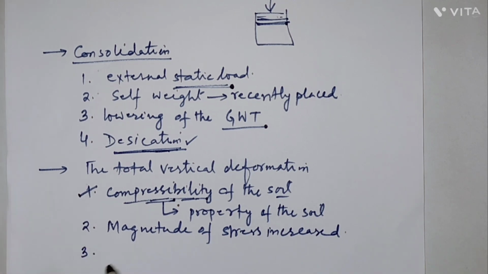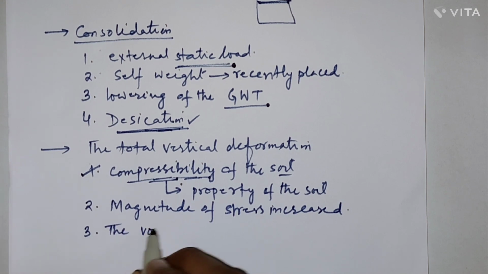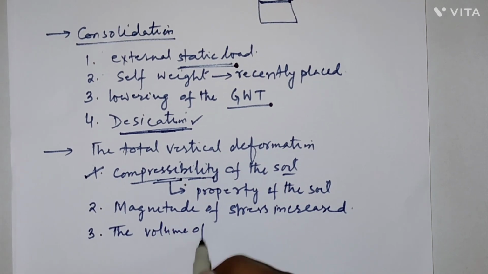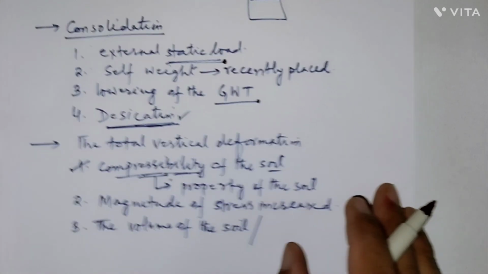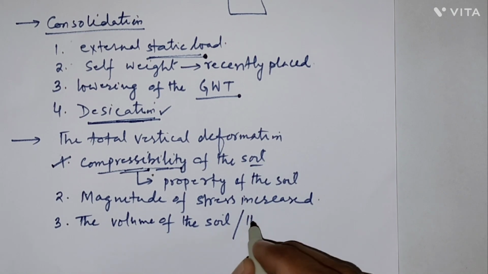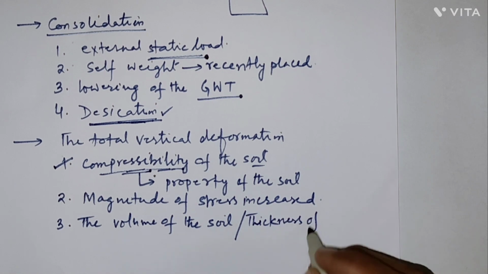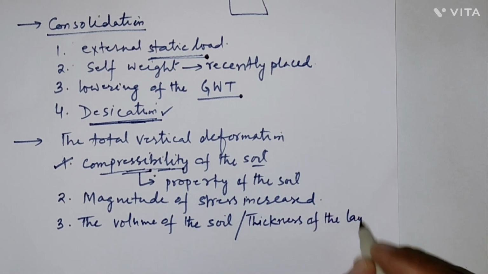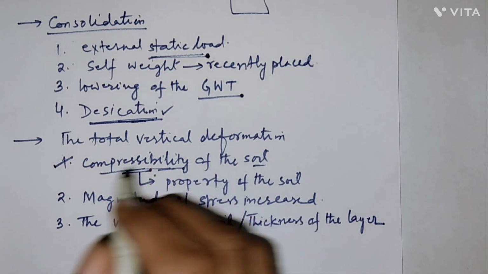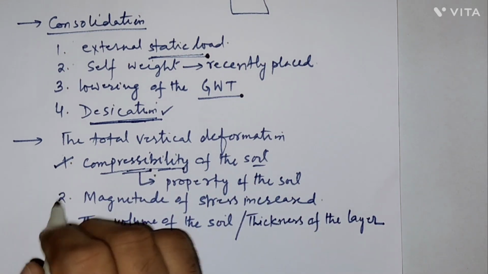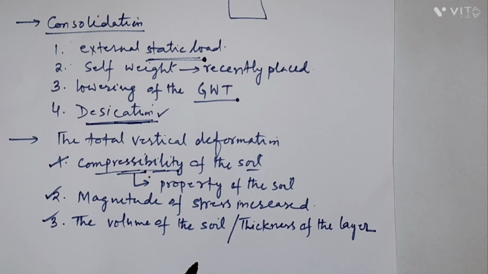And another factor is the volume of the soil, or in other words we can say the thickness of the layer. So these are the factors upon which the total vertical deformation depends.